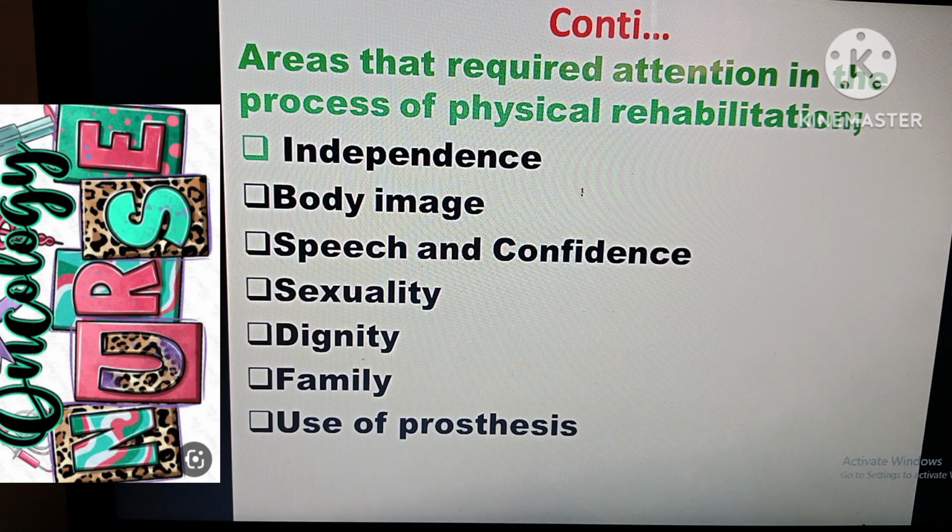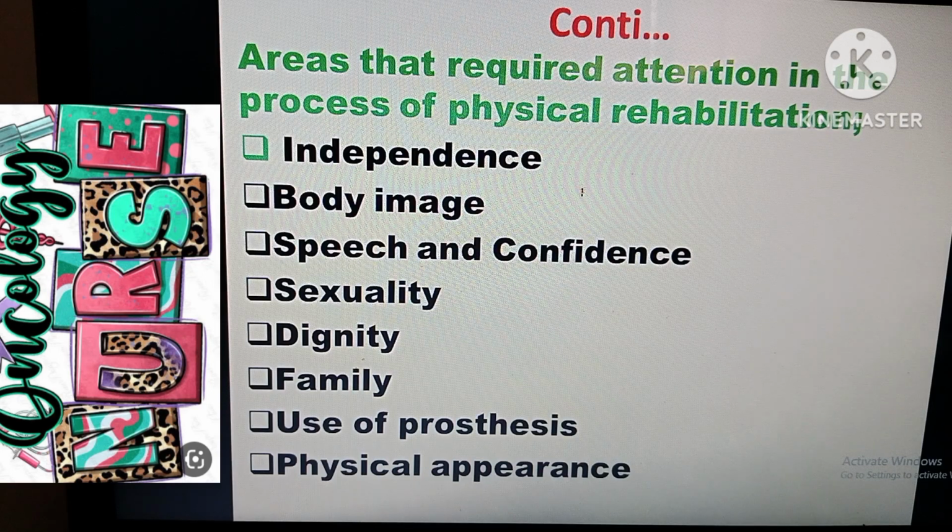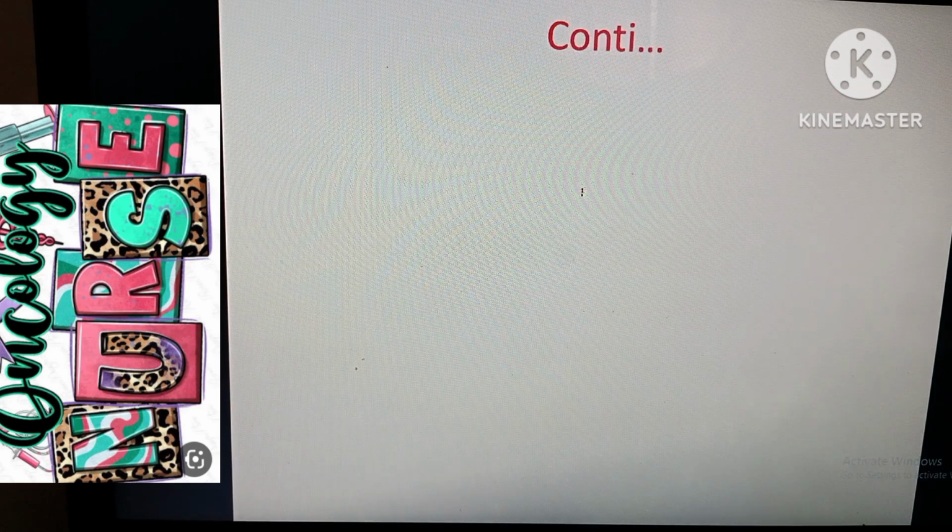For cancer of the leg, hand, or breast, once removed, an imitating prosthesis is there. So regarding that also we can deliver education to them. Physical appearance: regarding their appearance also we have to counsel, and make them accept how they are and what they are. And finances: regarding the finances, we have to counsel the client who is suffering as well as the family members, because they will be under financial crisis, and how to handle that financial crisis.